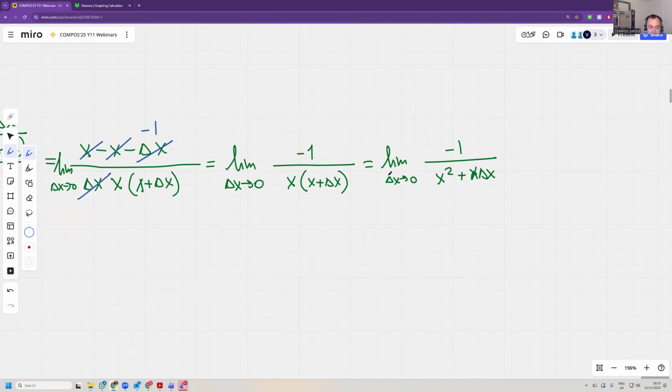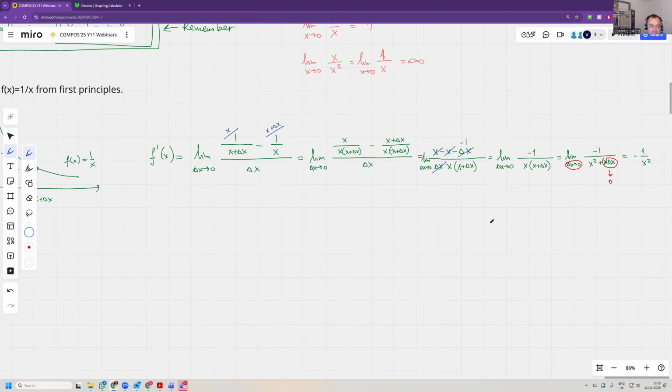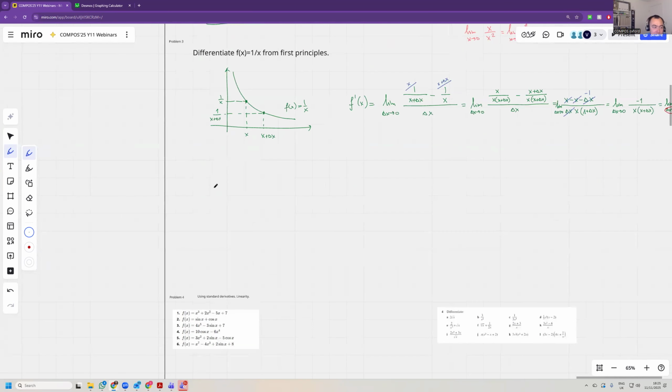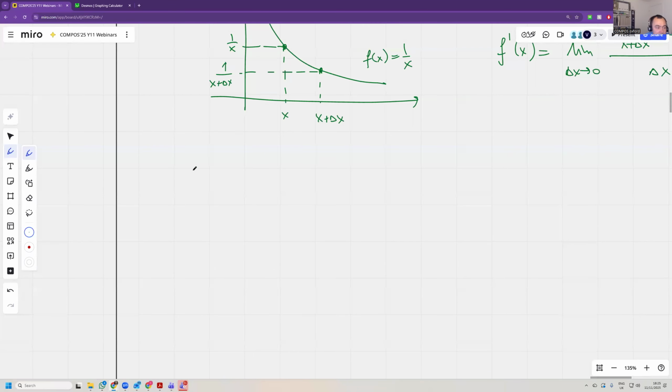And now you can say that delta x tends to 0, so this thing tends to 0. And therefore, the limit of this expression is minus 1 divided by x squared. So what does that mean? That means that the derivative of 1 over x is minus 1 over x squared.